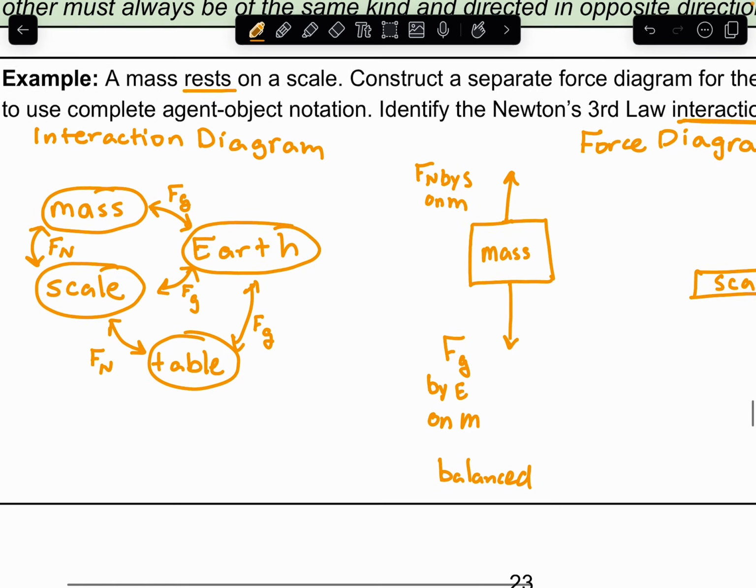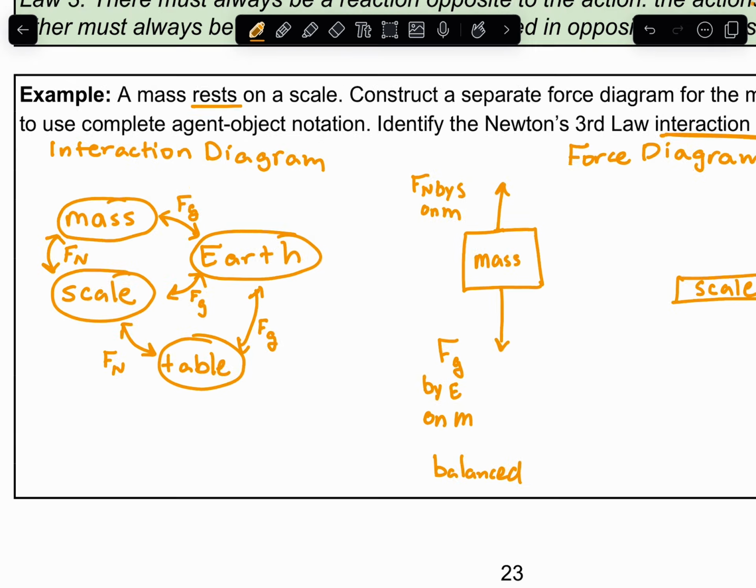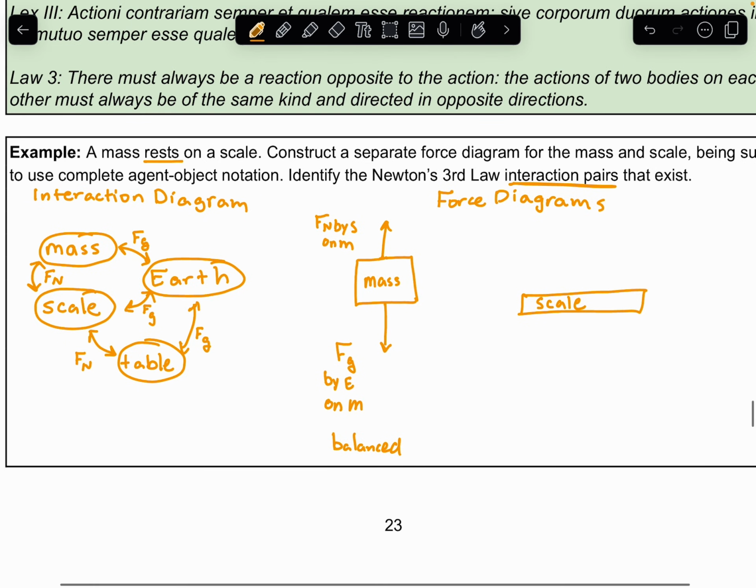The scale has three interactions. The Earth interacts with the scale. The table interacts with the scale.